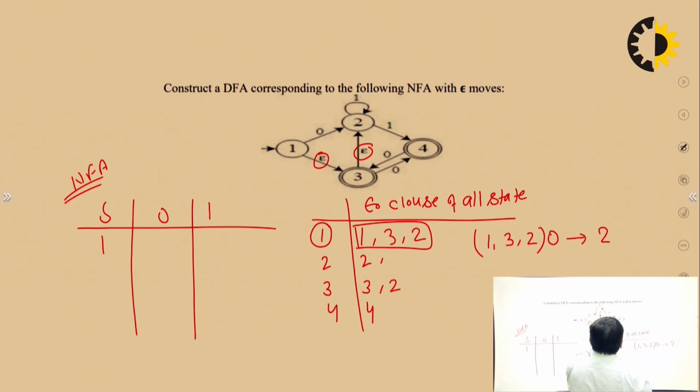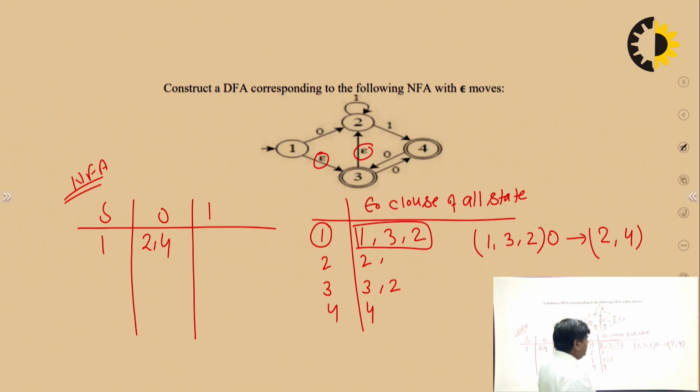For state 3, we move to state 4, and for 2 on 0, no movement. It means 2 and 4. Now, what is the closure of 2 and 4? That is 2 and 4. It means here is 2 and 4 for state 1 on input 0.